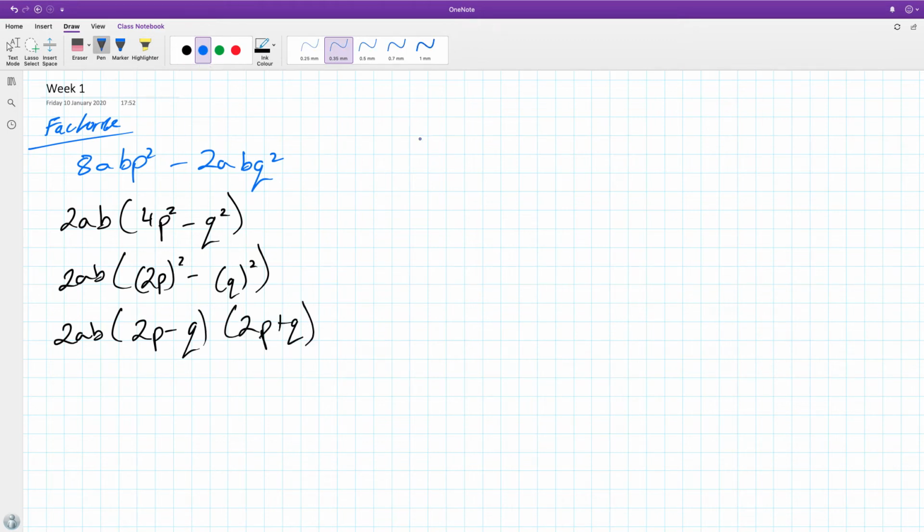Right, have a go at this one. 4a cubed b minus 25ab cubed. Factorize that. As I said, please don't be afraid to give me a shout.